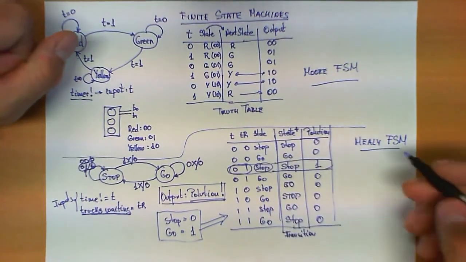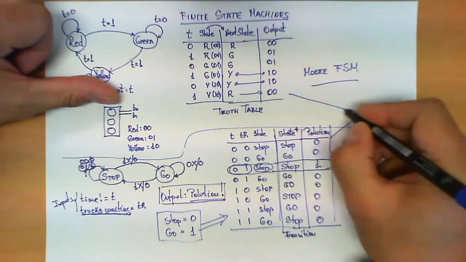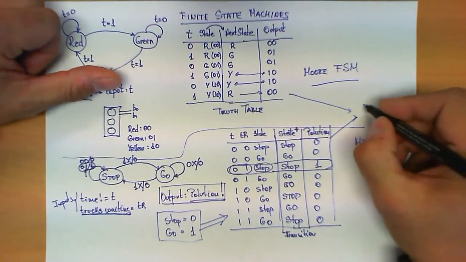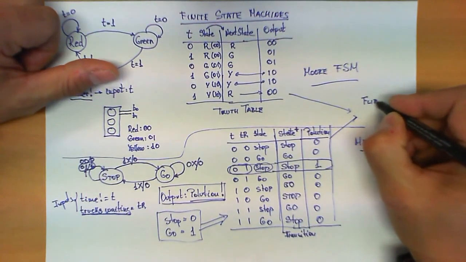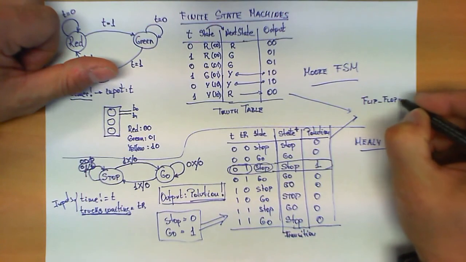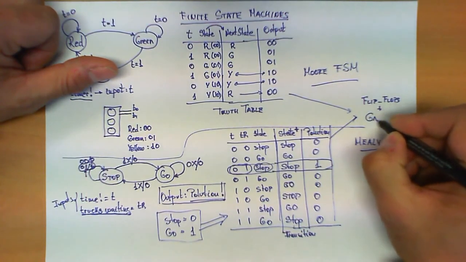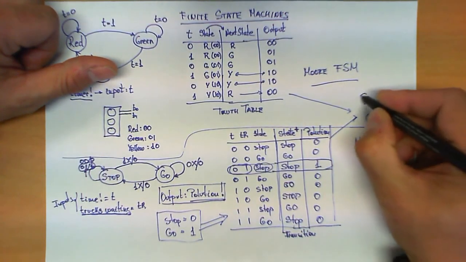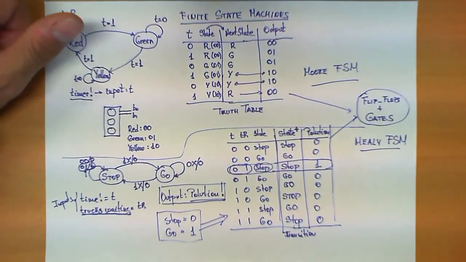In both cases, the truth table over here can be translated into a set of flip-flops and gates that end up implementing the finite state machine.